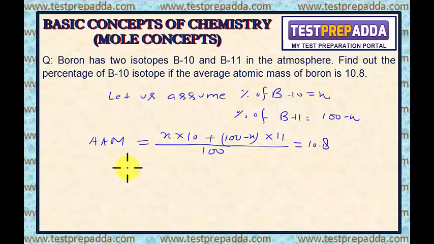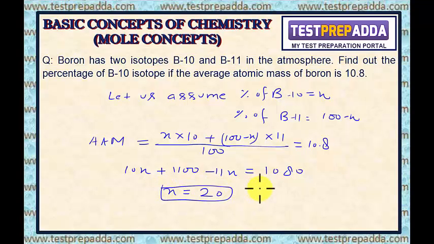If I solve, it will be 10x plus 1100 minus 11x is equal to 1080, and this way the value of x comes as 20. So the percentage of B10 isotope in the atmosphere is 20%.